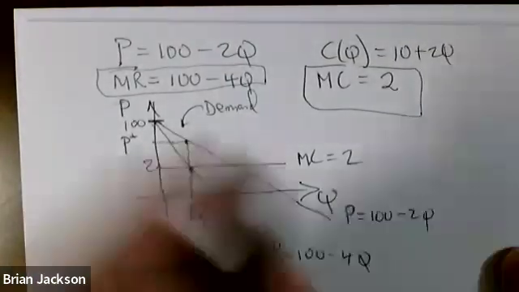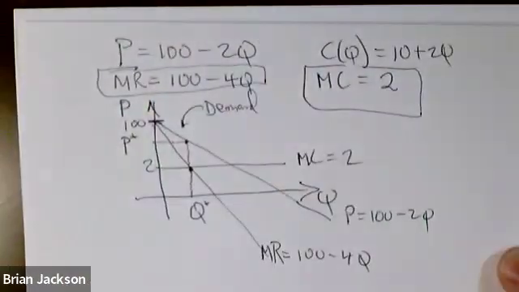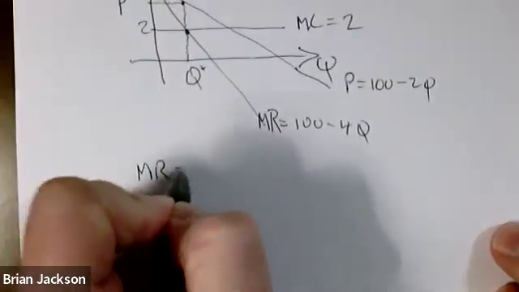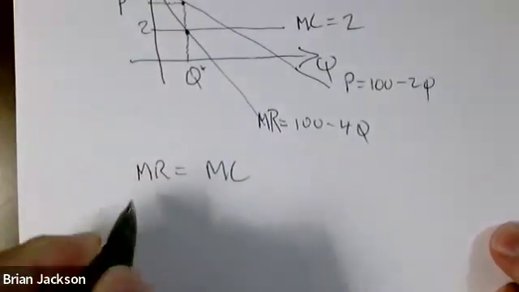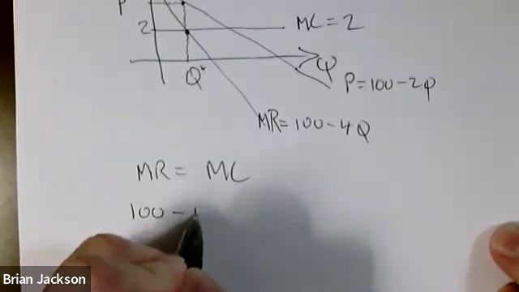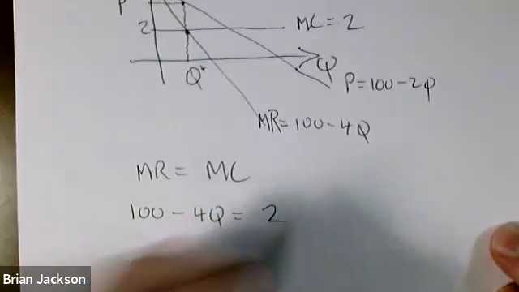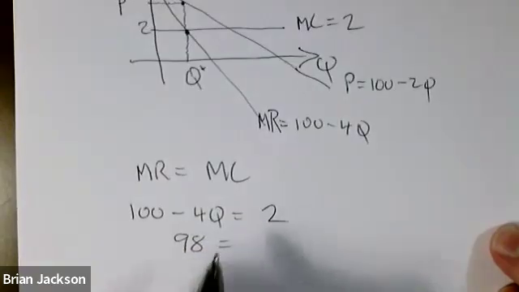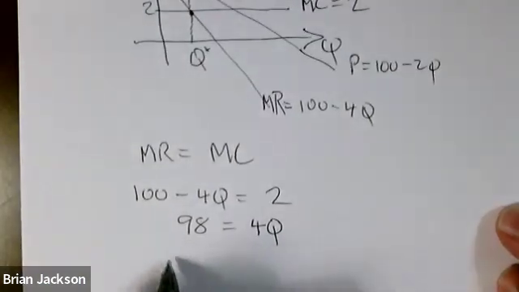So let's find Q star first by equating these two things right here. Marginal revenue equals marginal cost. Like I've said before, that's the most important equation in microeconomic theory. So I equate marginal revenue and marginal cost here. I'll bring my numbers to the left and my variables to the right.